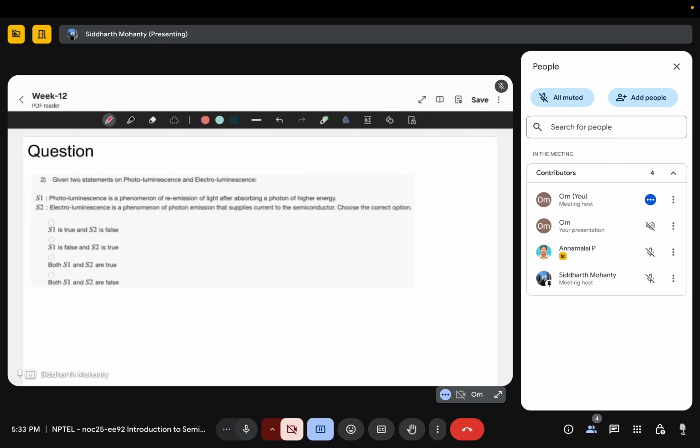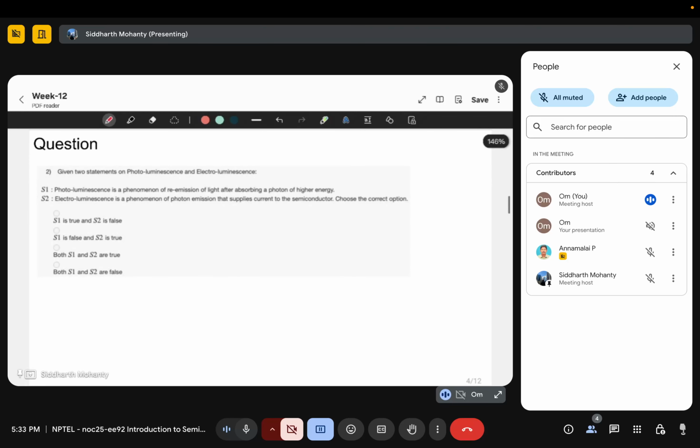So we have seen this in the lecture notes. In photoluminescence, you have some photon first striking the semiconductor, where the electron goes to the top and which is later emitted. This is photoluminescence.